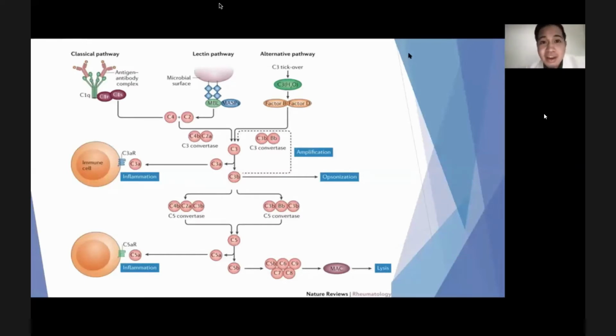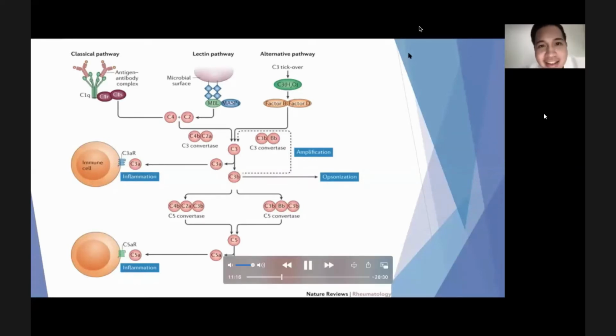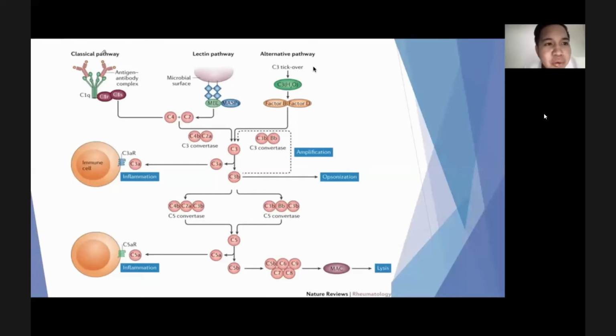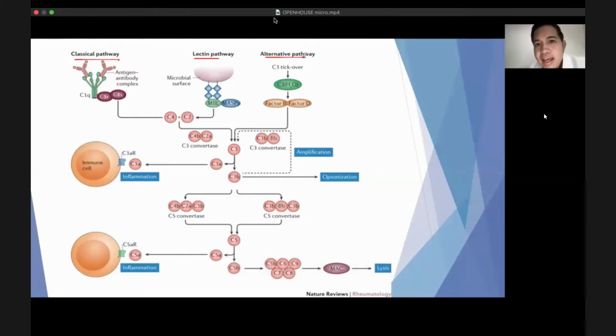So don't worry. Here in Expert MD, we promise to walk you through this. Okay? So ikikwento ko sa inyo kung paano ba nangyayari itong complement cascade na to. So relax lang kayo. Huwag kayong matatakot. Okay? I got you. So let's start. So this is the complement cascade. And tatlo pong pathways yan: classical pathway, lectin pathway, and alternative pathway.